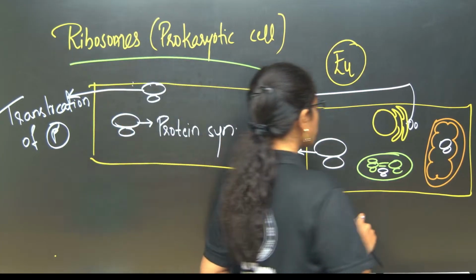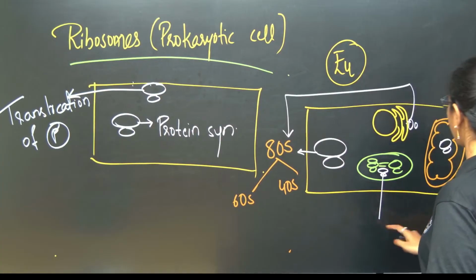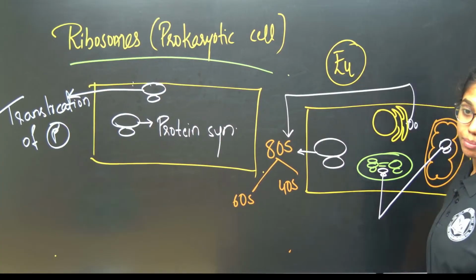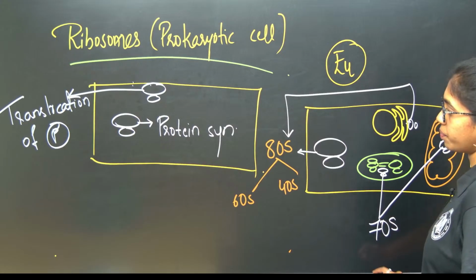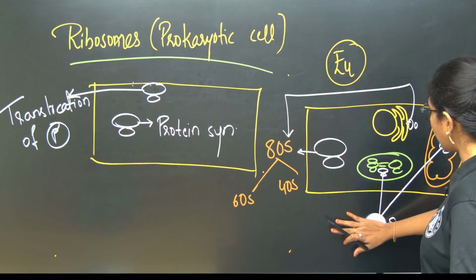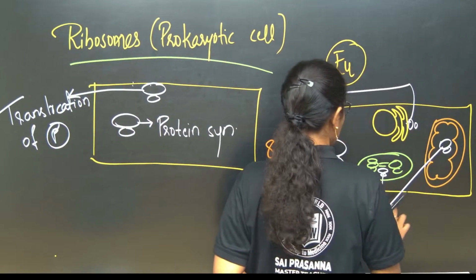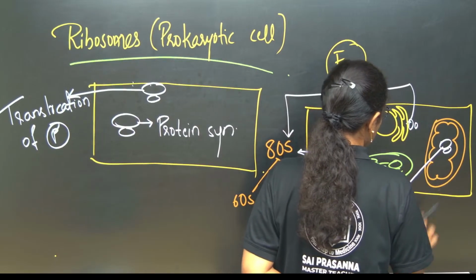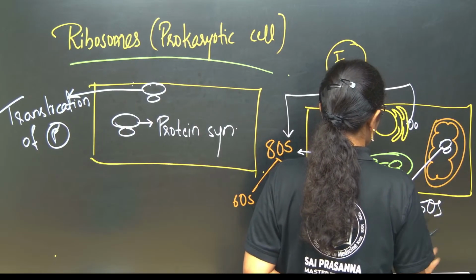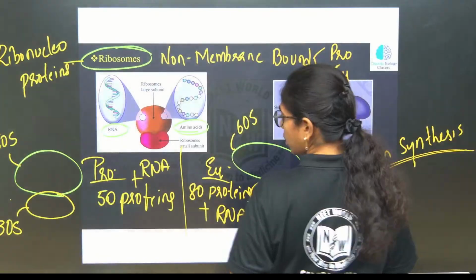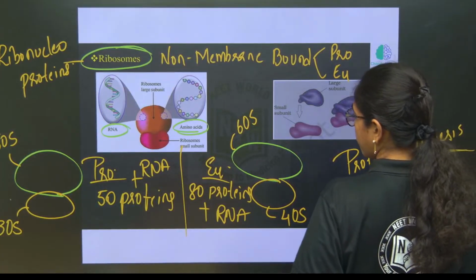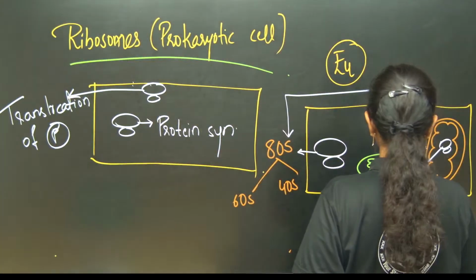And those ribosomes present inside the chloroplast and inside the mitochondrial matrix are 70S, with larger subunit 50S and smaller subunit 30S. Yeah, 70S ribosomes.